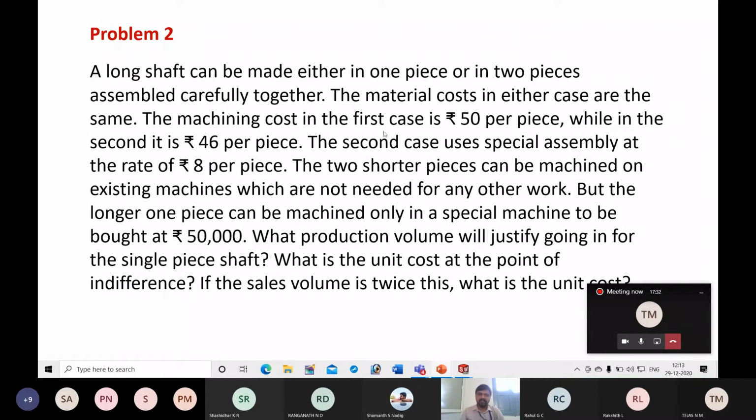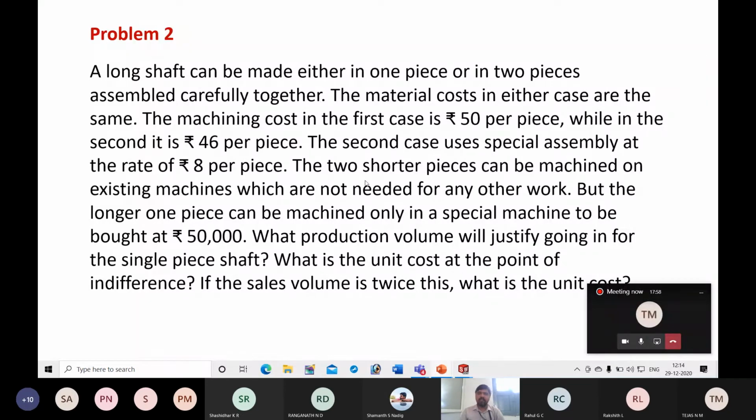The machining cost in the first case, that is if you are making a shaft by using only one piece, is rupees 50 per piece, while in the second case it is rupees 46 per piece. The second case uses special assembly at the rate of rupees 8 per piece.